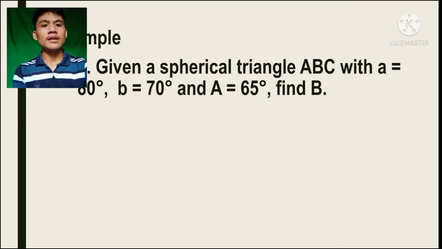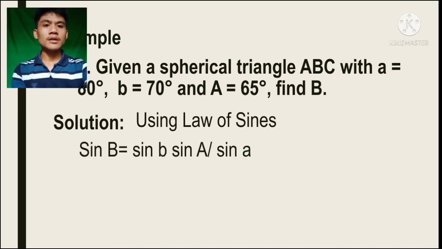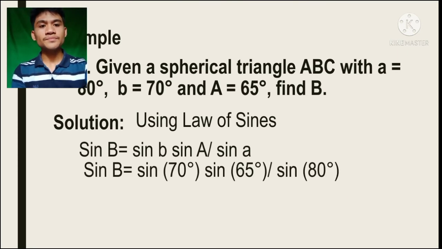Find B. As you remember, we have this law of sines, so just use it and rearrange the formula. Sine a over sine A is equal to sine b over sine B. Just rearrange the formula for us to find the exact value of B. So we need to substitute the given values.